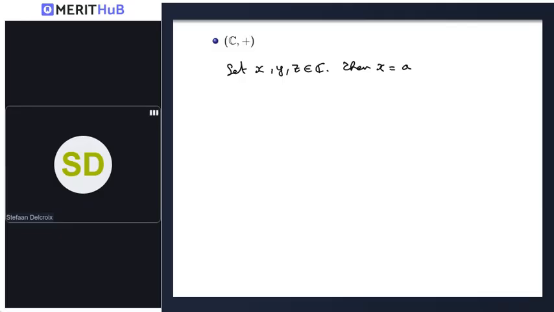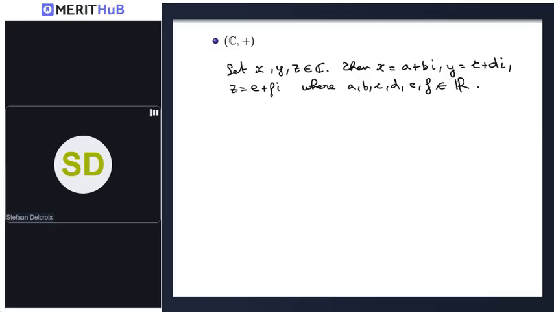A plus bi. For y, I can use something else, right? I cannot use a and b anymore. And z can be e plus fi, where a, b, c, d, e, and f are real numbers, right? Now we need to again think like a computer.